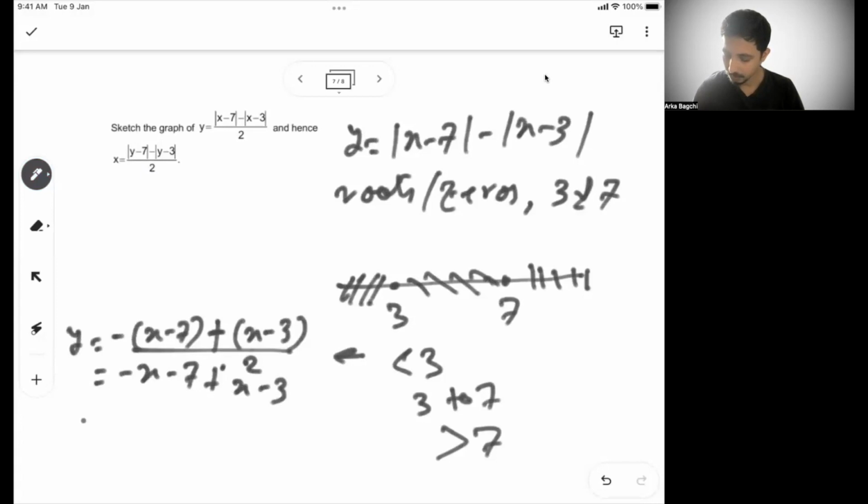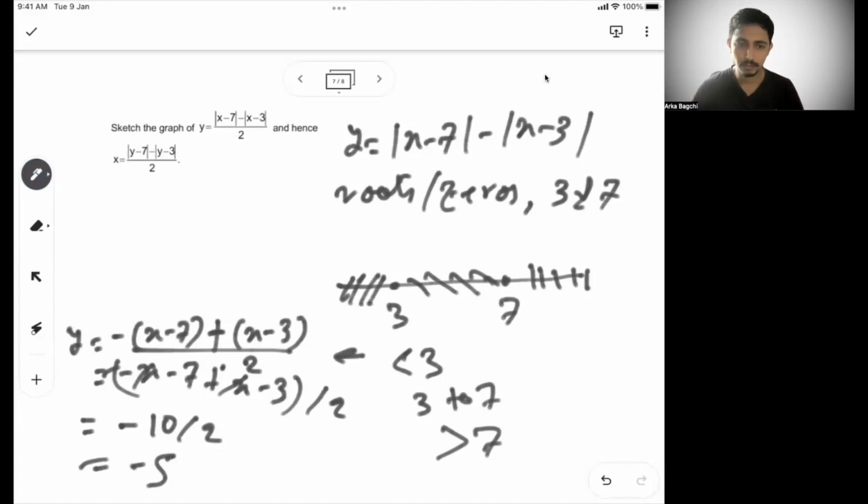Okay, so here I can say y is equal to 10 by 2, x will get cancelled. So y is equal to 5 when x is less than 3.